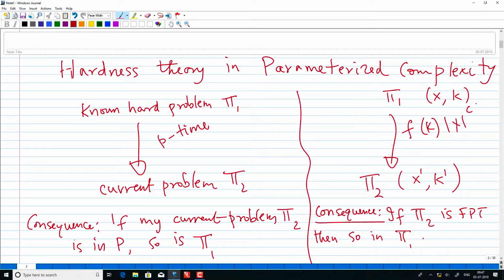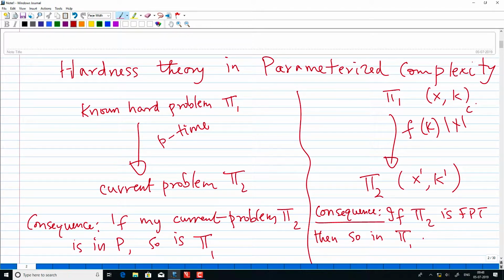Let us take some simple NP-complete reduction and see where we have a problem. What do we know? We know that vertex cover is fixed parameter tractable. Let me see if I can use that to give a fixed parameter tractable algorithm for the independent set problem, because independent set you can reduce to vertex cover.